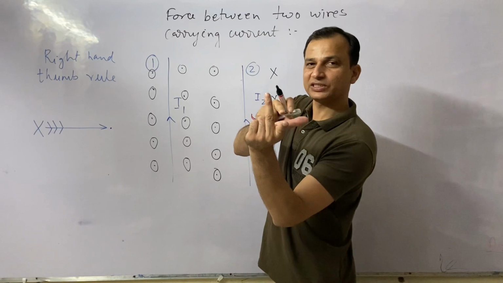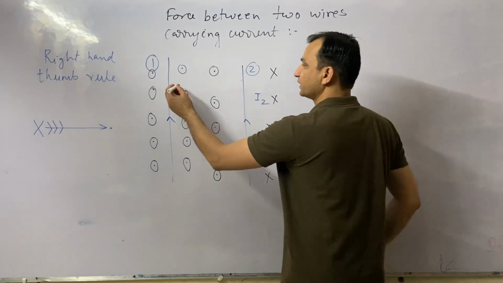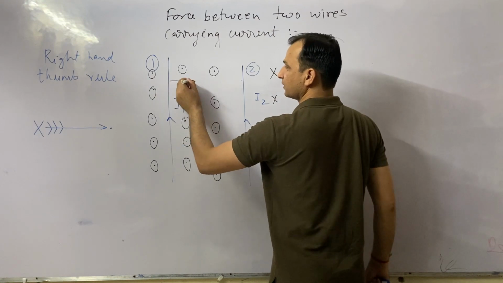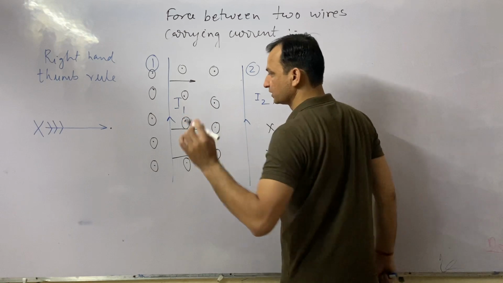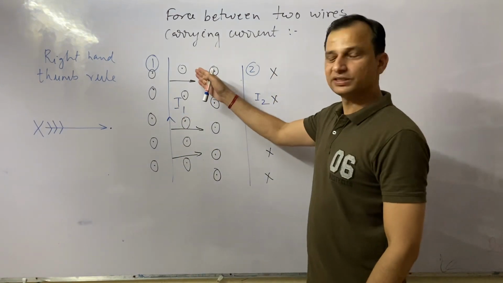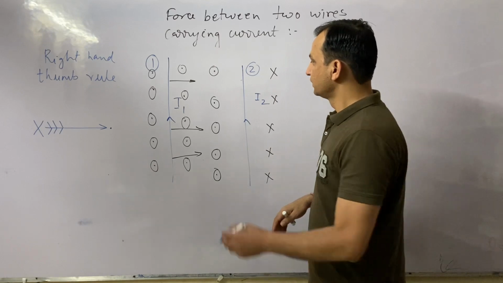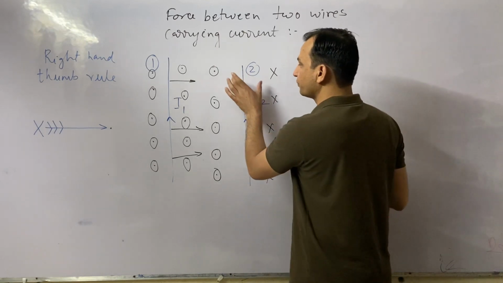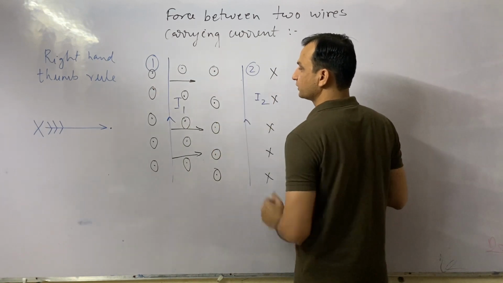So the direction of force experienced by the wire should be towards the right side. Earlier you had seen that the direction of force on wire 2 due to wire 1 was towards the left.